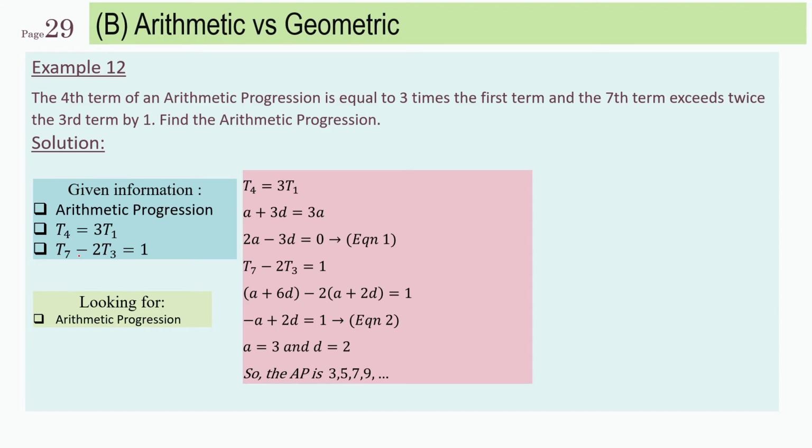So that means T7 minus 2T3 equals 1, and then you just use the general formula Tn equals a plus (n minus 1)d. If you have T4, you substitute 4 inside, and then you have 7, you have 3, you substitute, then you can form the equation. The only trick here actually is the second equation.